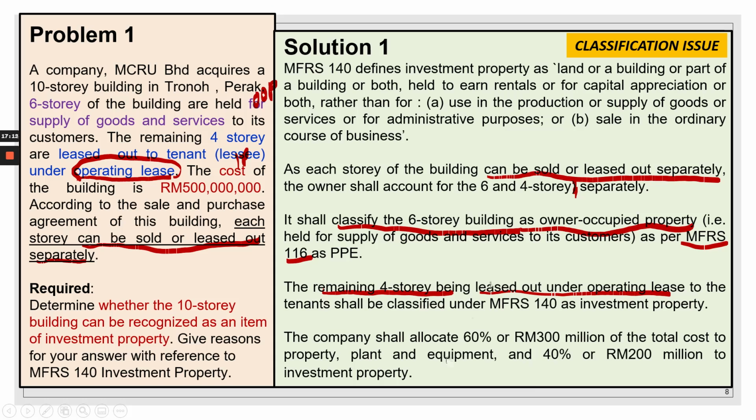Why 60-40? Because there were 6 and 4 stories. So 40%, which is 200 million, will be an IP, and 60% will be a PPE. So that's how things work for property with dual use.